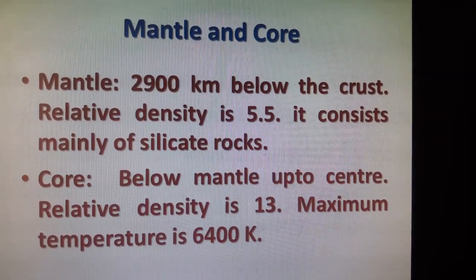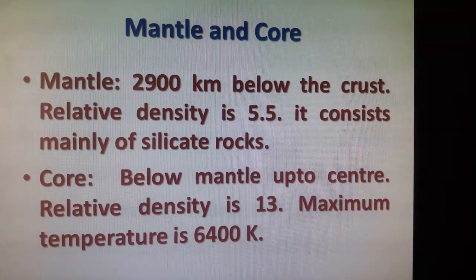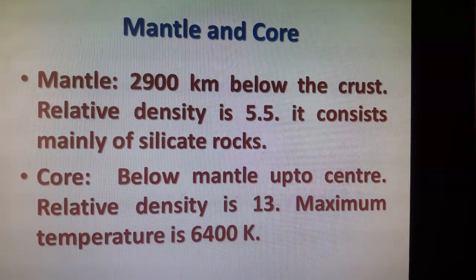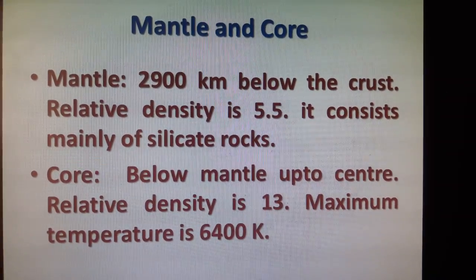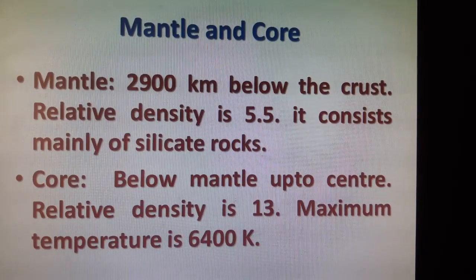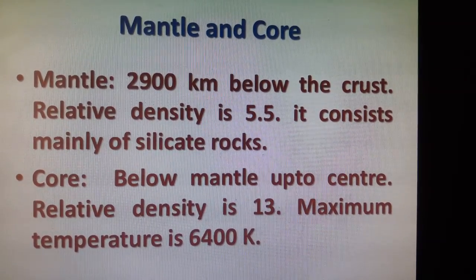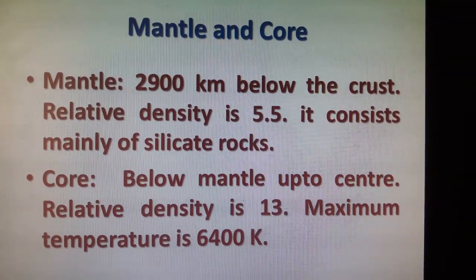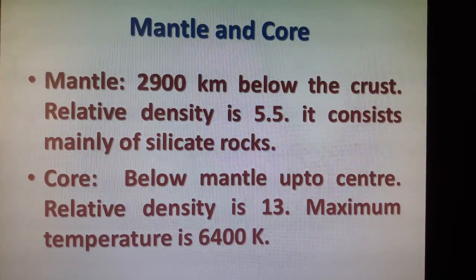It is 2900 km below the crust. Relative density is 5.5. It consists mainly of silicate rocks. Core, below mantle up to center. Relative density is 13. Maximum temperature of core is 6400 Kelvin.